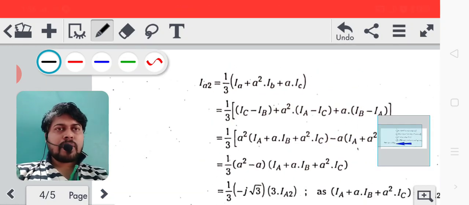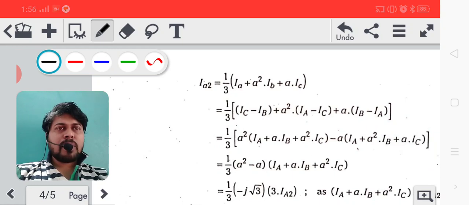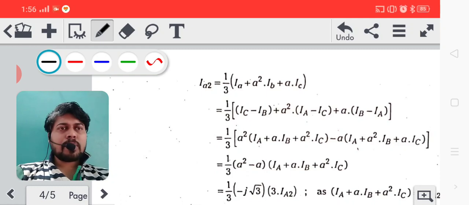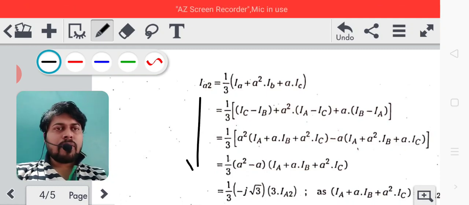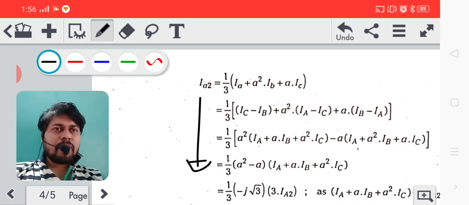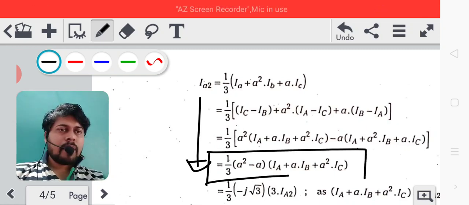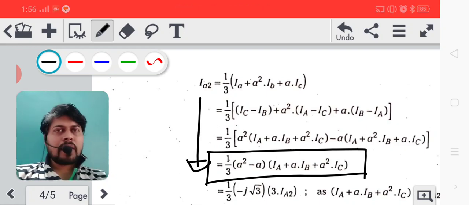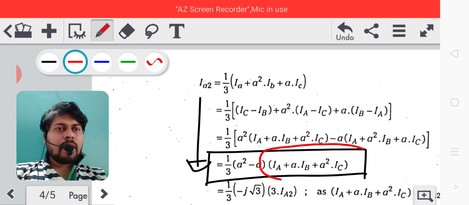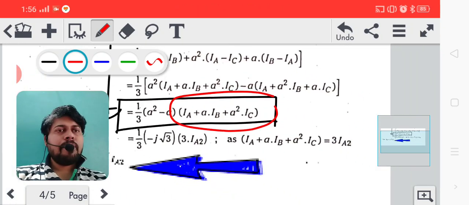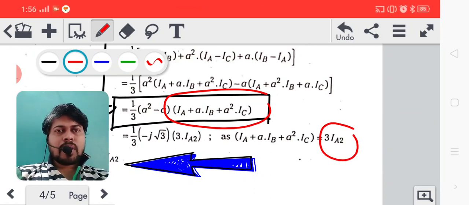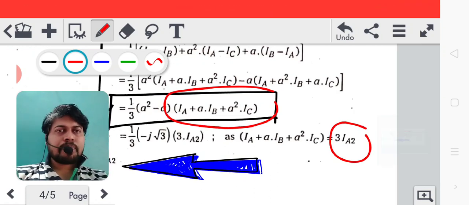Further, if I write the expression for the negative line sequence current, it equals 1 by 3 into (IA plus A square IB plus A IC). Substituting the expressions for IA, IB, IC and solving further, we get the expression for IA2 as 1 by 3 into (A square minus A) into (IA plus A IB plus A square IC). Here in place of IA plus A IB plus A square IC, we can substitute 3 into IA2, because IA2 equals 1 by 3 into (IA plus A IB plus A square IC).